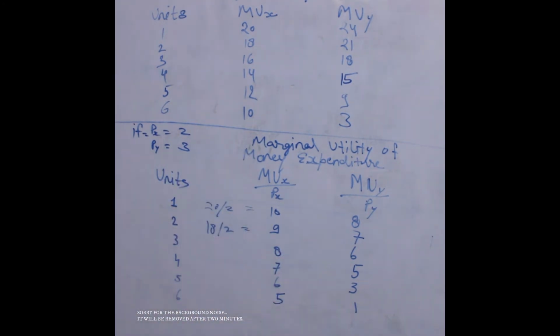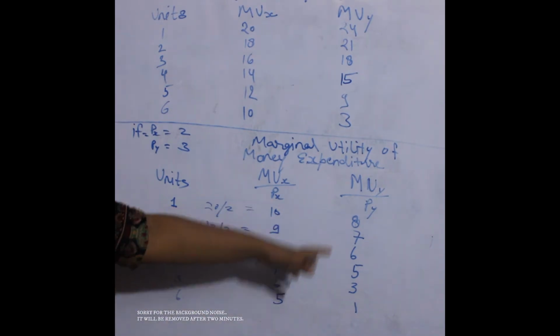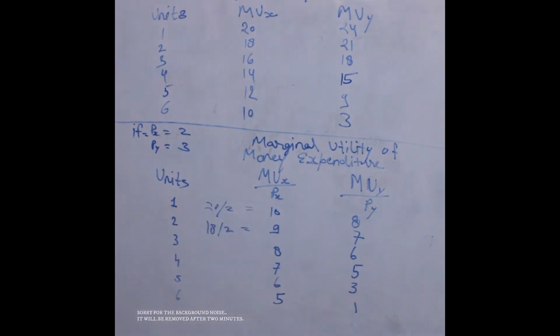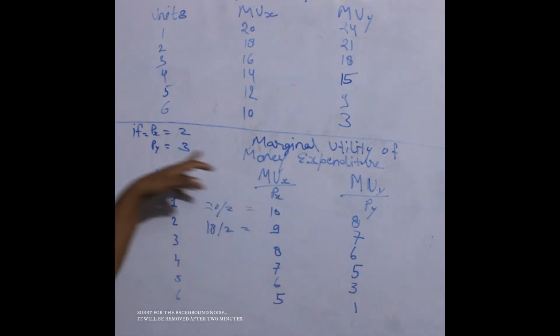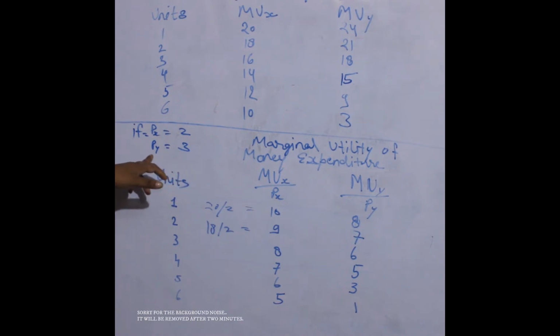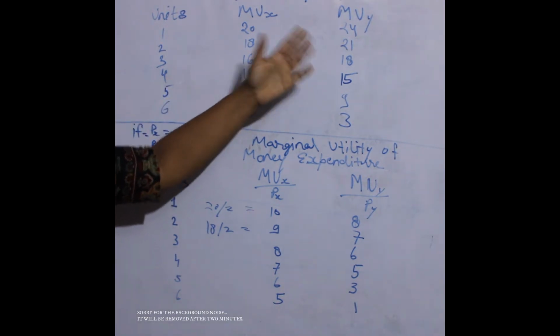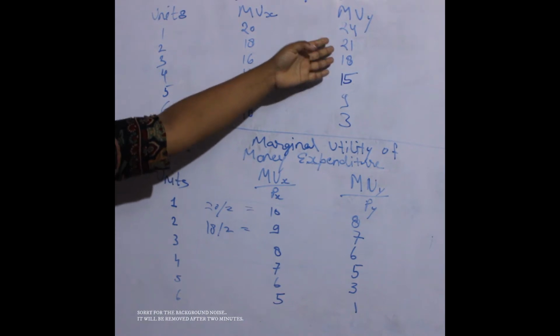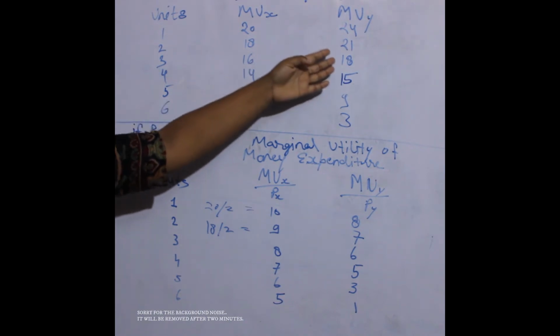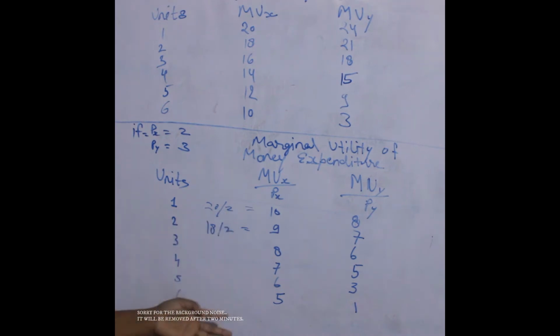On the third column, the marginal utility of money expenditure for Y is 8. How have we got this 8? We have seen here that the price of Y is rupees 3 in the market, and the marginal utility derived from the first unit of Y is 24. Now what we have to do?